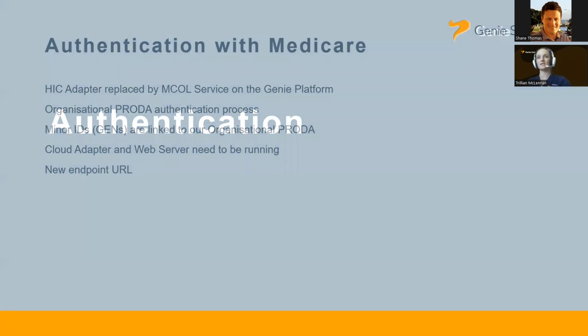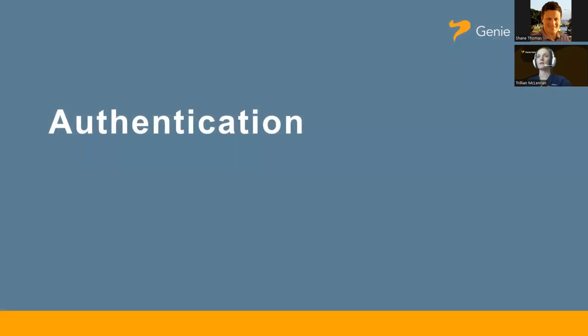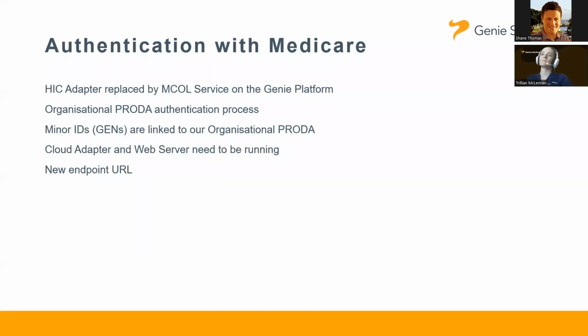So authentication. We are leveraging our Genie Cloud services to both authenticate and transmit claims to Medicare. This means that the work that used to be performed by the HIC online adapter that sat alongside Genie on client computers is now being done in the cloud. Existing and newly onboarded Genie customers' minor IDs, your GEN number, have been linked to our organizational PRODA.